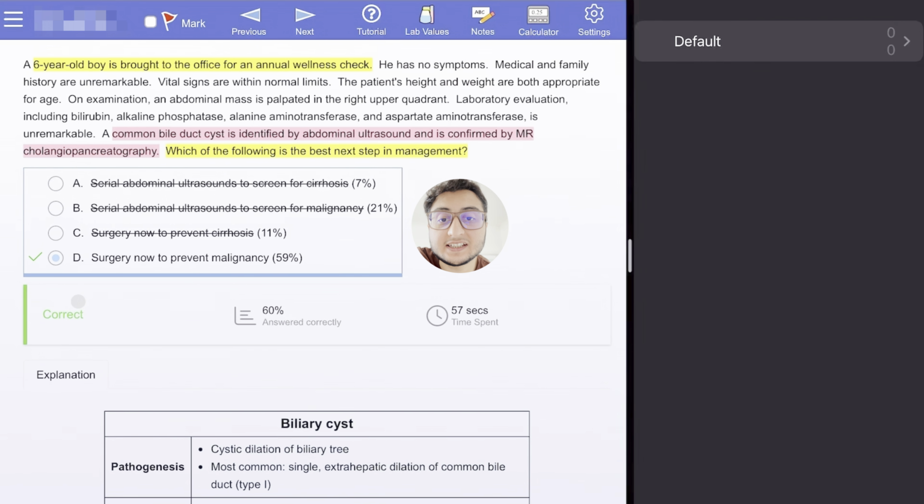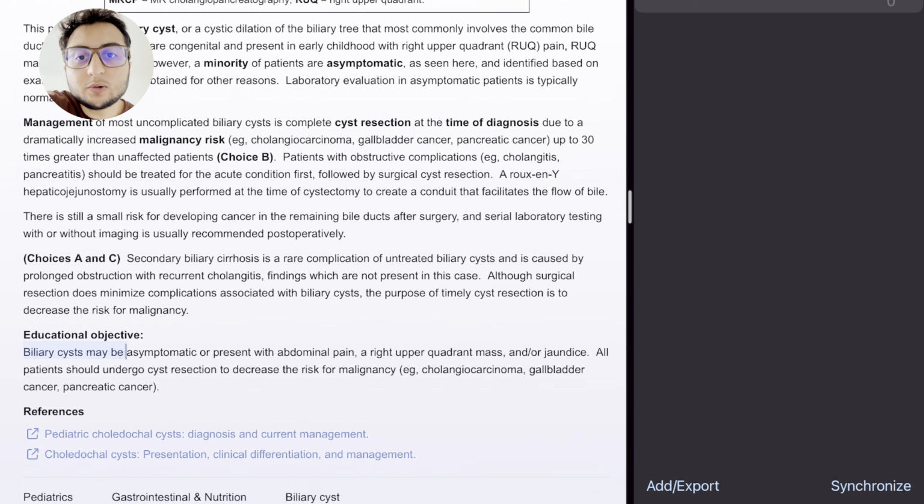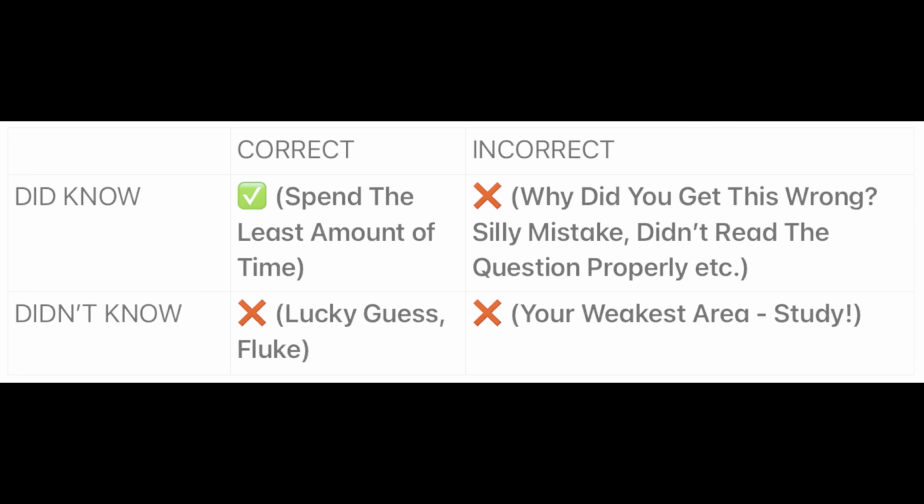Now, let's see what we will do after we get a question right or wrong and how we're going to review it. Scenario number one: you got the question right and you knew which topic it was from. If this is the case, all you need to do is read the educational objective and move on. Scenario number two: you got the question wrong, but you knew which topic it was from.